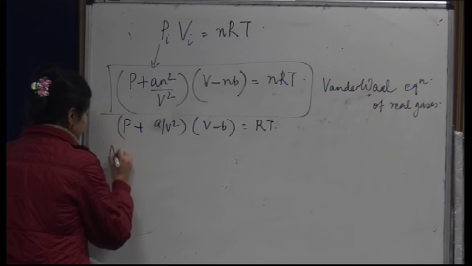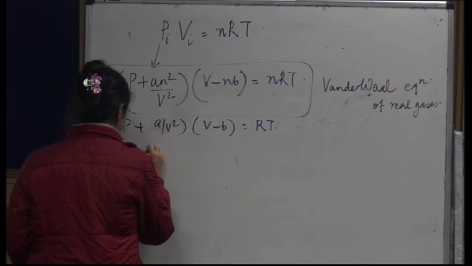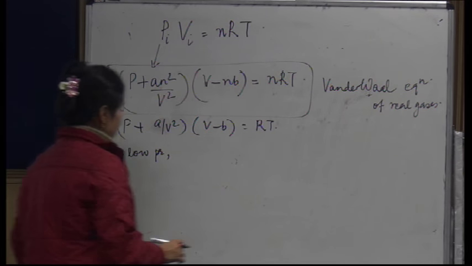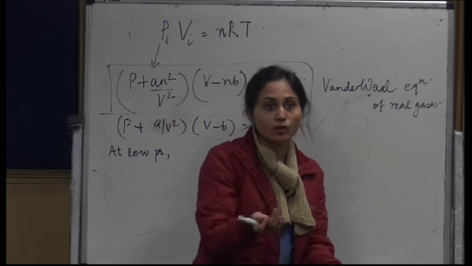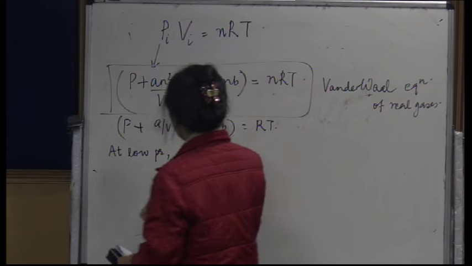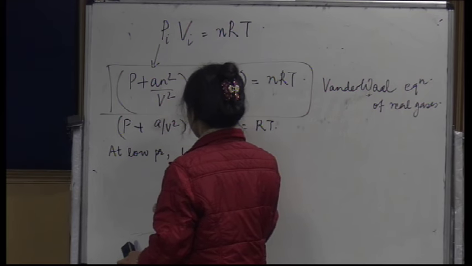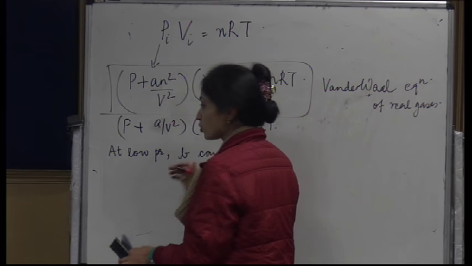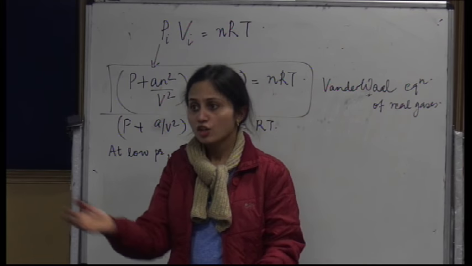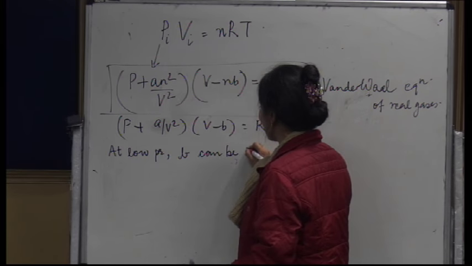So let's check at low pressures. At low pressures, what can happen? Your B can be ignored because pressure अगर low है, you can actually ignore your B, which is the excluded co-volume. The volume is low, they will not interact. अगर pressure कम है, so they will just not interact. So B can be ignored here.